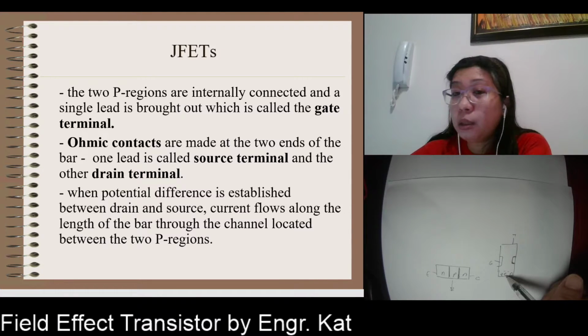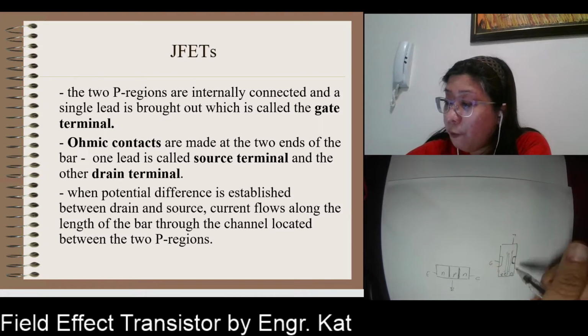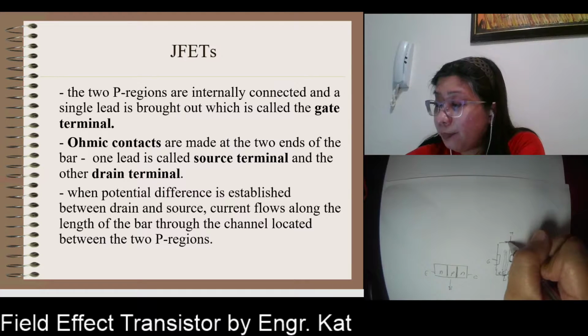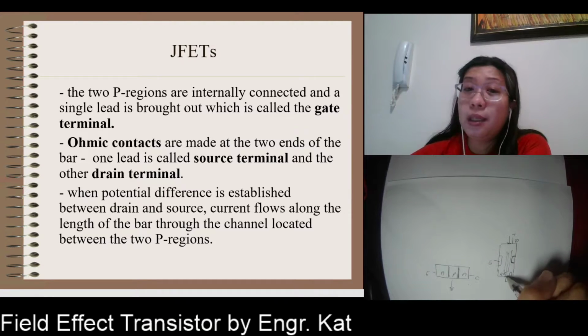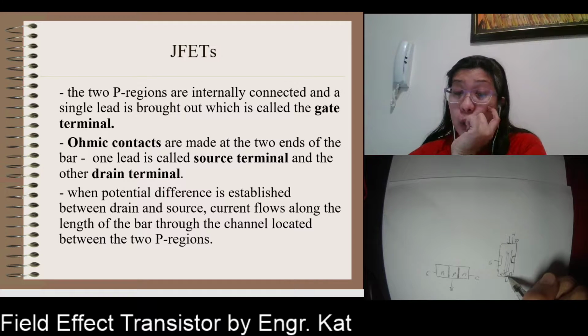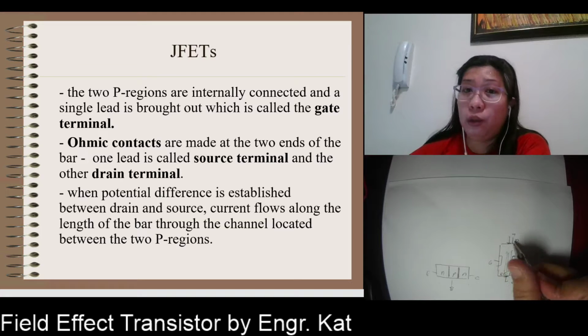So the electrons from the source are being carried out. They will be flowing from the source going to the drain. As you can see, purely electrons will be moving from the source going to the drain.